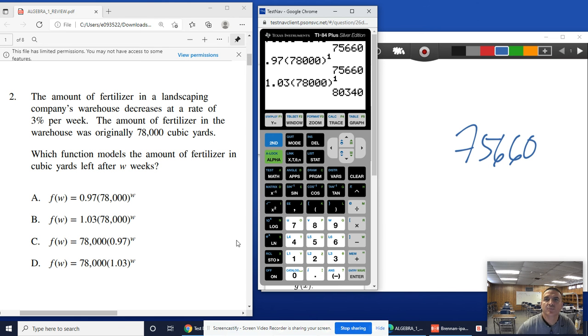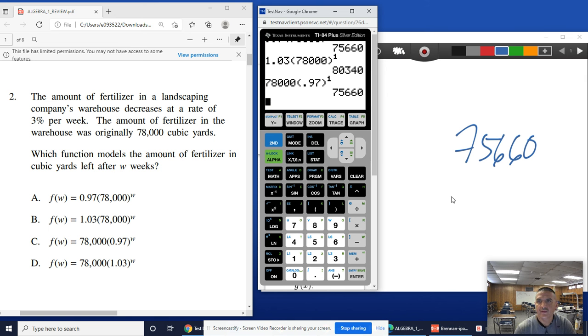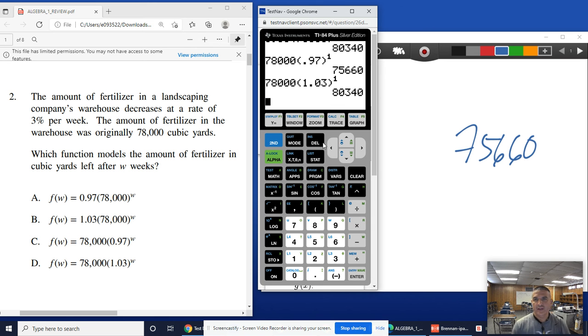I think this one might have multiple right answers. 78,000. I'm hoping this one has multiple right answers. Okay, so this one, I found A and C work. I'll even try D. All right, so that one didn't work. So A and C worked.